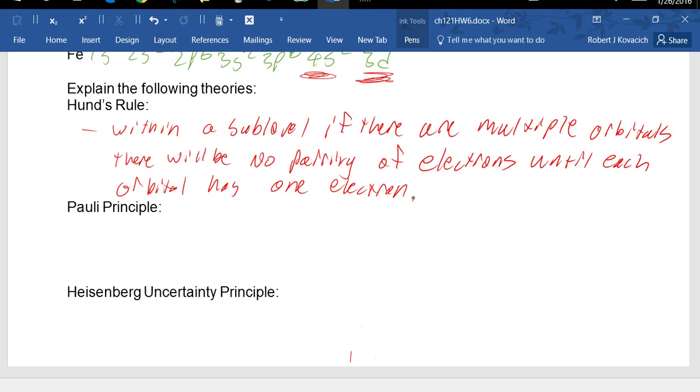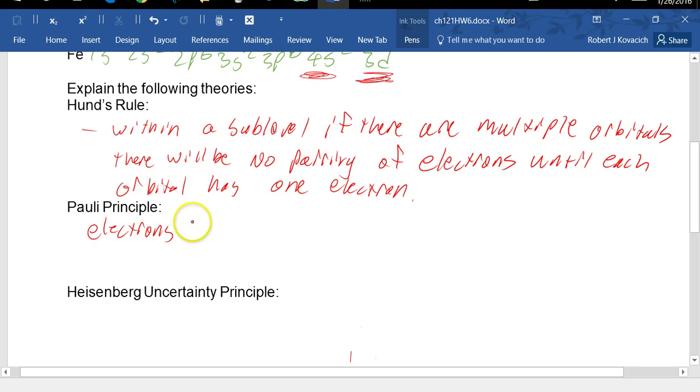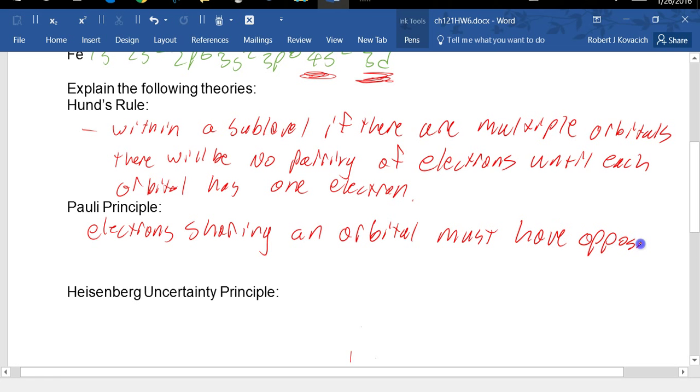How about the Pauli principle? You need to have opposites, electrons too, when in the orbital. So electrons sharing the same orbital must have opposite spin.